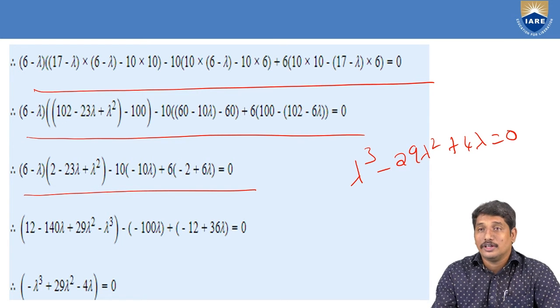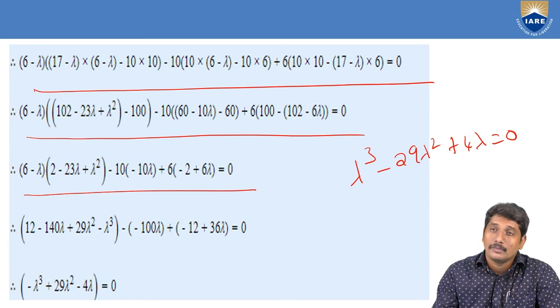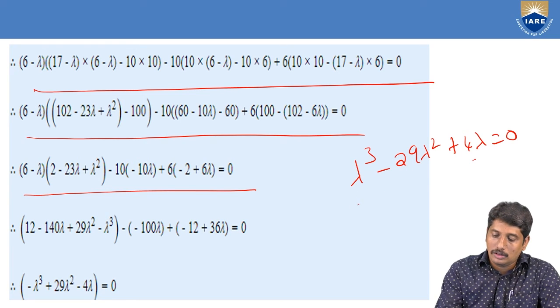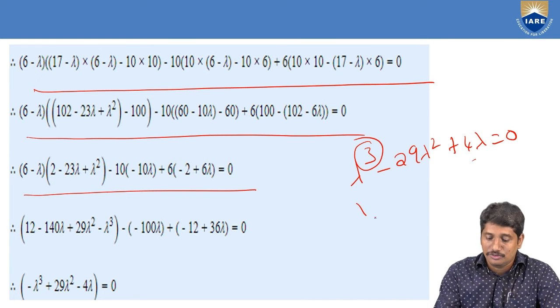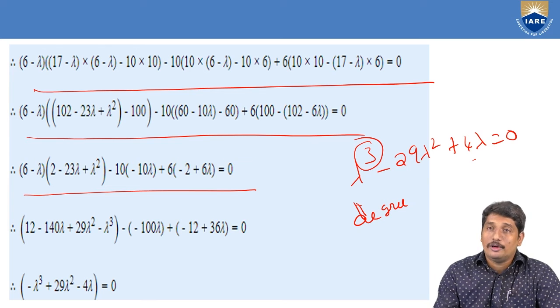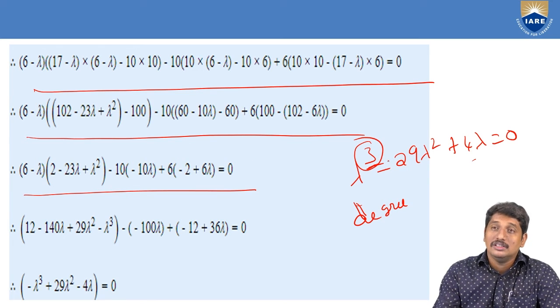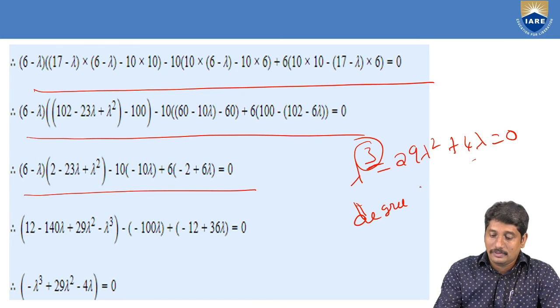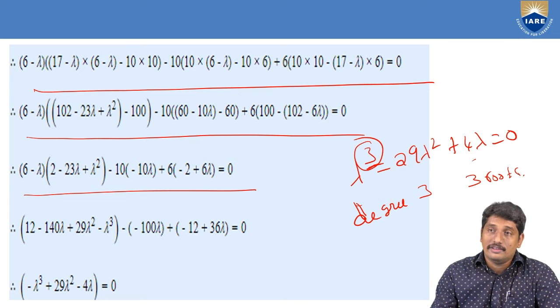This is the equation we are going to get. Now just tell me, what is the degree of this equation? Degree of this equation is 3 because it is a third degree polynomial. The degree is 3 and hence it has 3 roots. Now those 3 roots are our eigenvalues.